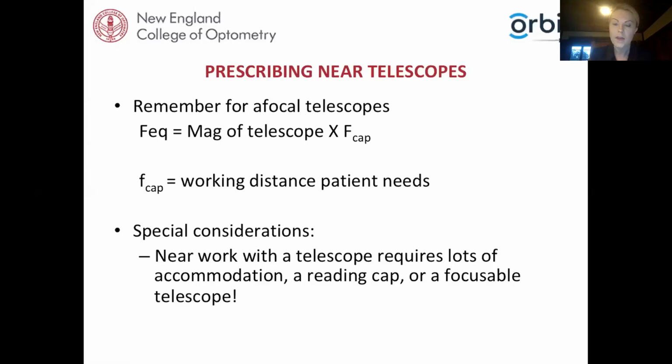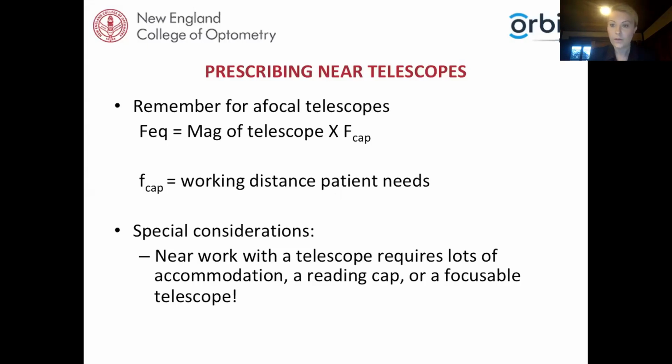And the cap that you choose is going to depend, as you put it, on the near point or the working distance of the patient's needs. So if a patient is playing cards, for example, and the cards are 50 centimeters from the spectacles, then I need a 2 diopter cap on my telescope.